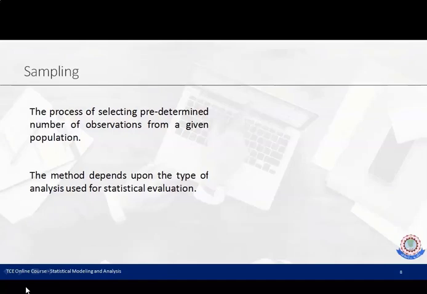The next is sampling. So sampling, by definition, focuses on the selection of a set of predefined observations from the given data set. Also, it depends upon the type of analysis which is used under statistical evaluation.